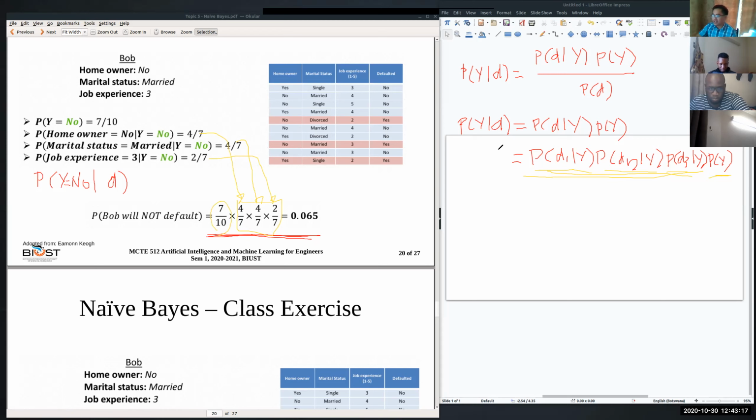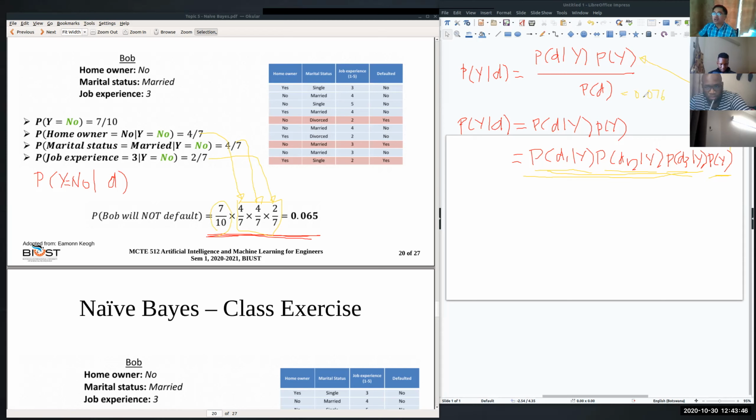So actually, we are saying that this computation of Bob not defaulting is just the numerator of your Bayes theorem, and we are saying that it is enough. Why is it enough? Although when we compute P of D, it is some value, it is not equal to 1, it is equal to 0.076.